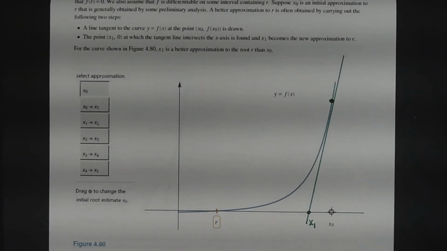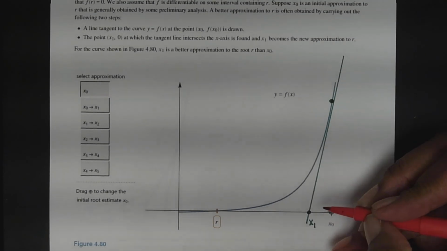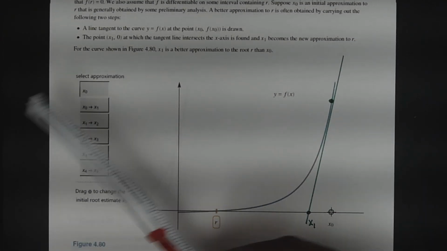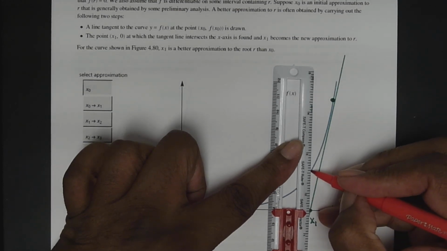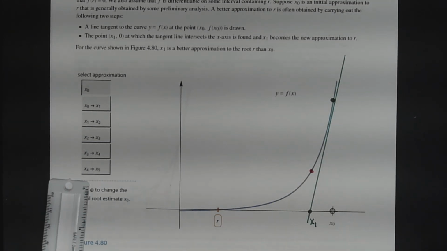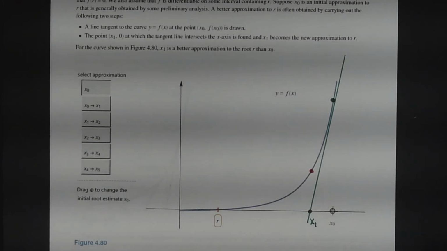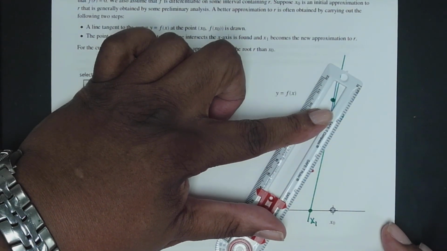So at x1, we have this point right here. So here's x1, and here's the point on the graph of y equal f of x that corresponds to x1. Now I'm going to draw the next tangent line that touches that graph.